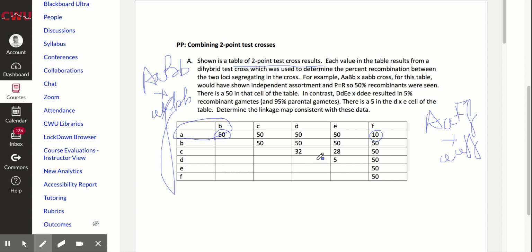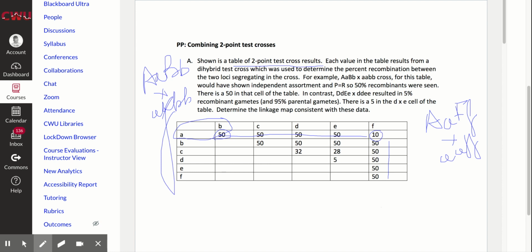I've circled 10, so let me start there. Ordinarily, I would recommend starting with the smallest number, and I'll do that on the next one. But I'm looking at this table, and I'm seeing that everything along the A line is 50 except for F, and everything along the F column is 50 except for A. So that tells me that A and F are linked to each other, but they aren't linked to anything else in this table.